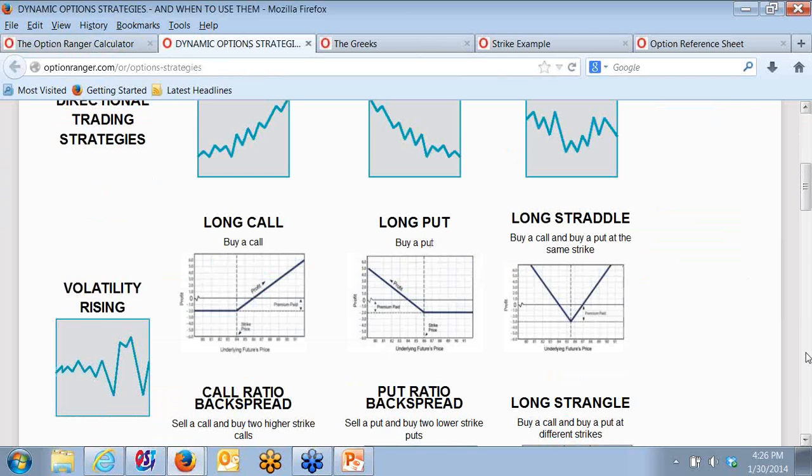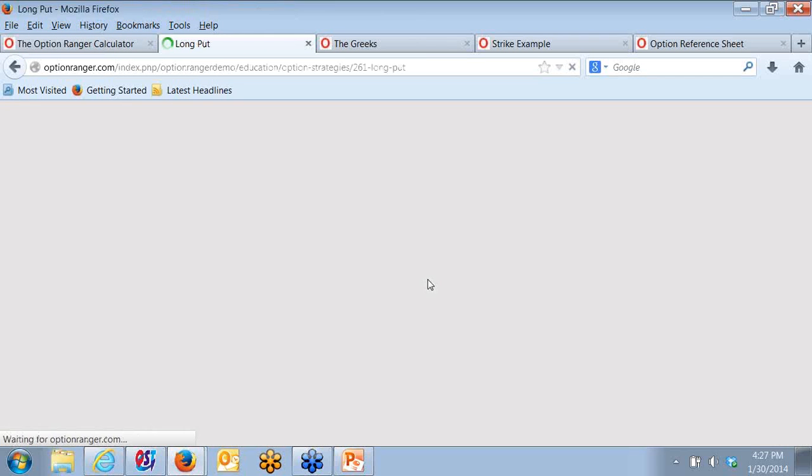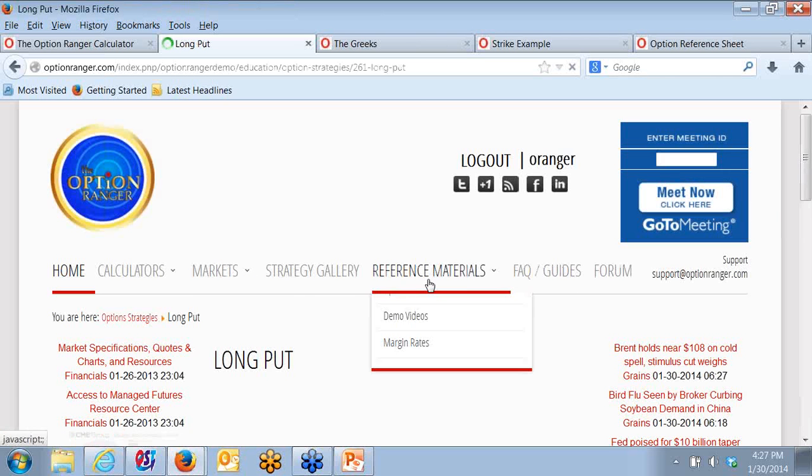So let's say we have an expectation on a trade, and we're in a long put, already in the trade, and the trade was for a drop with rising volatility.